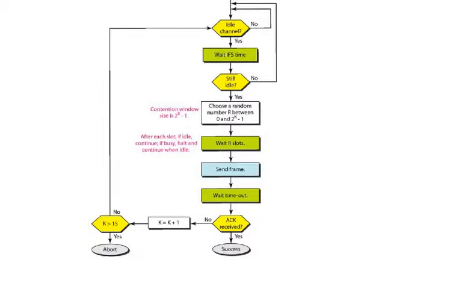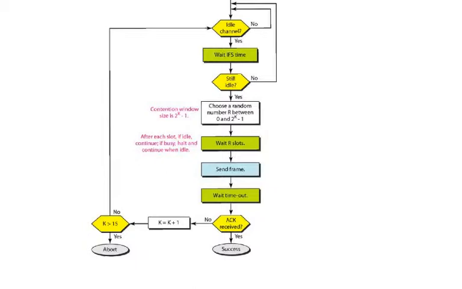How do I know it did not go through? By not receiving the acknowledgement. So I wait for the timeout. If I receive the acknowledgement, then everything is fine, success. If I don't receive the acknowledgement, then I increase K. As you can see, there is no exponential backoff in the case of collision, because I have to do it anyway here.